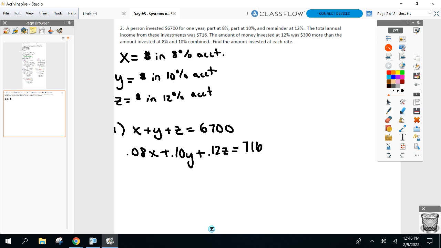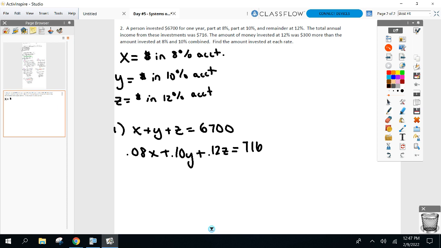3 equations, 3 variables, 3 equations. Where's this third one going to come from? The amount of money we invested at 12% was 300 more than the 8 and the 10 combined. Whoa! So what was the amount of money we invested at 12%?